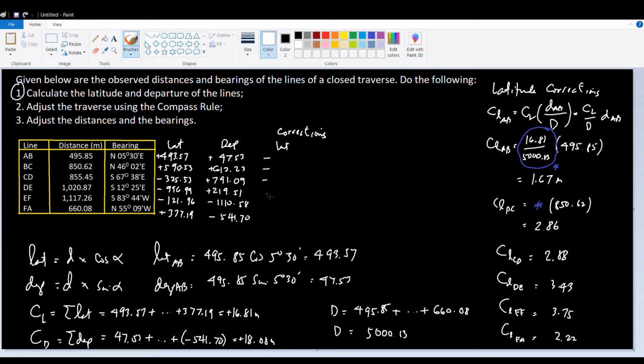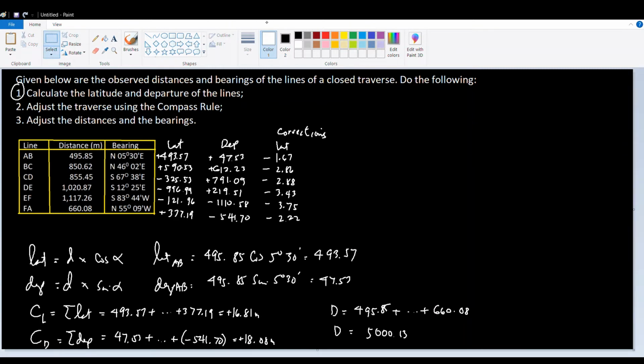Negative 1.67, 2.86, 2.88, 3.43, 3.75, and 2.22. Alright? Next, we calculate for the departure corrections.